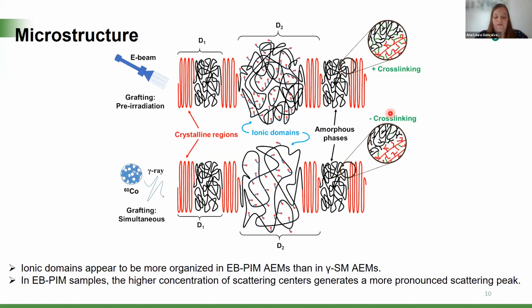Here I show a simplified morphology representation of them. We found that possibly the ionic domains are a little bit more organized in the pre-irradiated membranes, and this will have influence on the electrochemical measurements later.